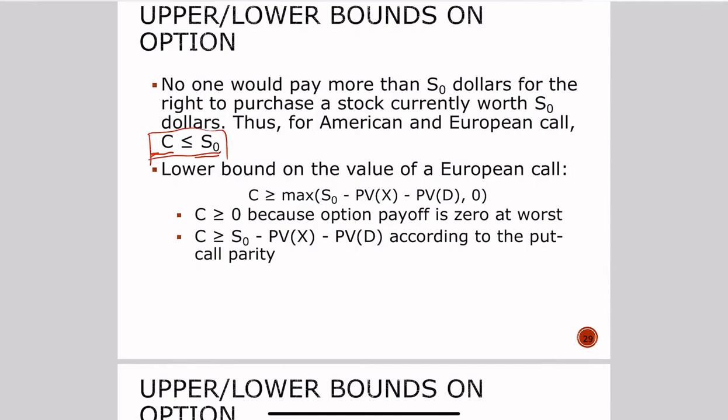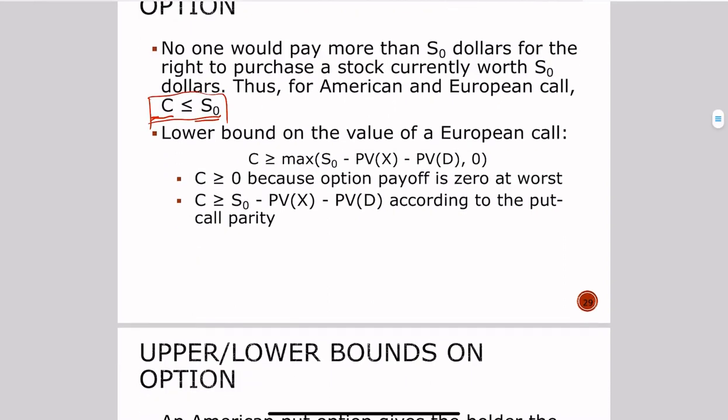Now, what about the lower bound? The lower bound is actually pretty easy to understand here. We have learned about put-call parity. According to put-call parity, C equals P plus S0 minus PVX minus PVD.